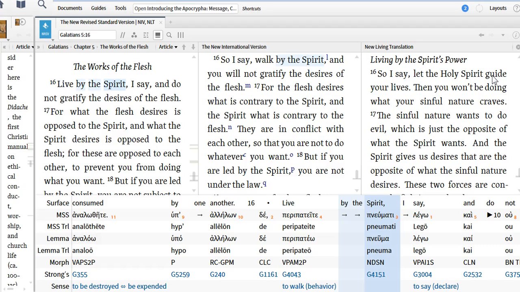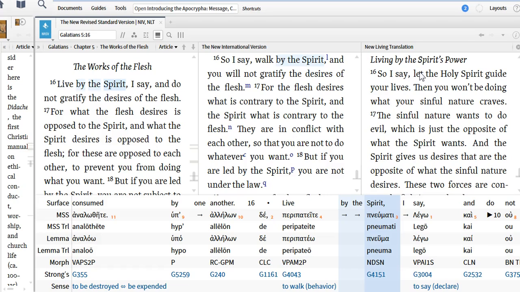But still, this seems to be an expression of the Spirit as the active agent in the Christian's walk, directing, showing how to go.